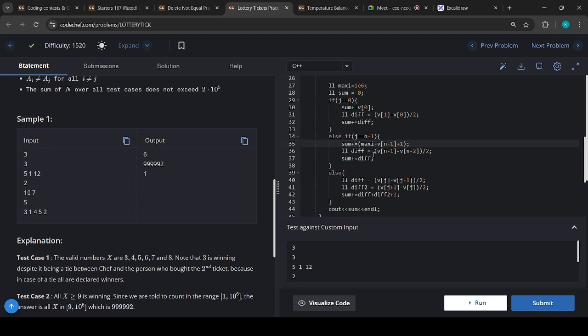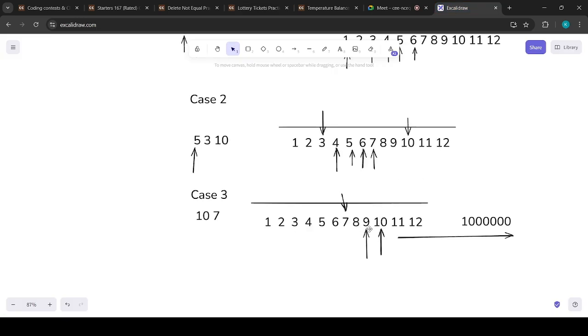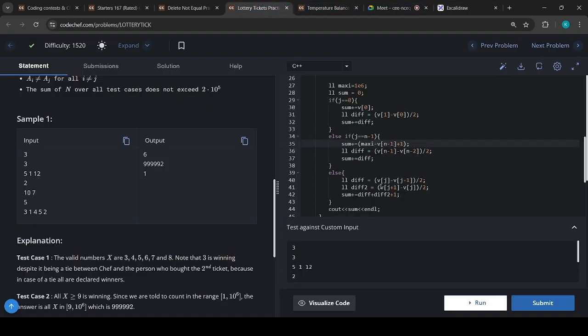And for the number on the back side of that number, in this case 7, I am subtracting that element, 10 minus 7, which is 3, and dividing it by 2. So we will get the number 1. So I am adding that many numbers, which is 1 or 2, into my answer.